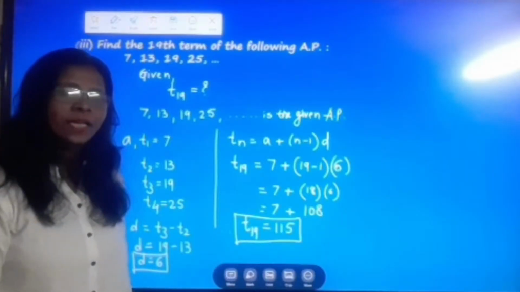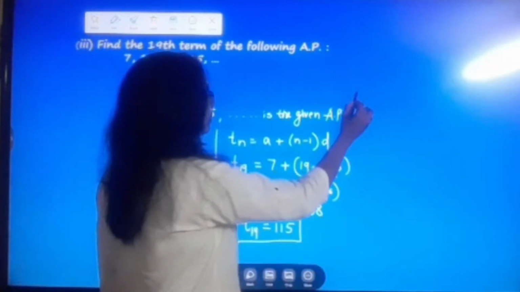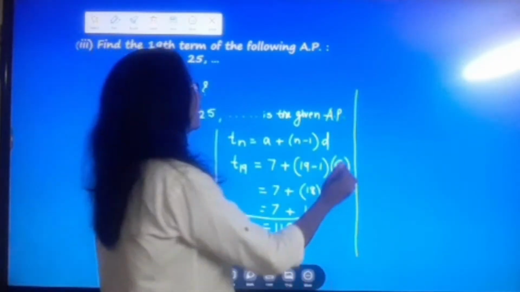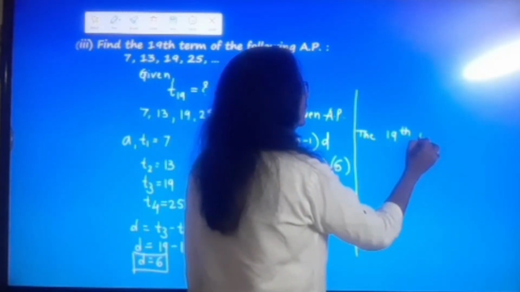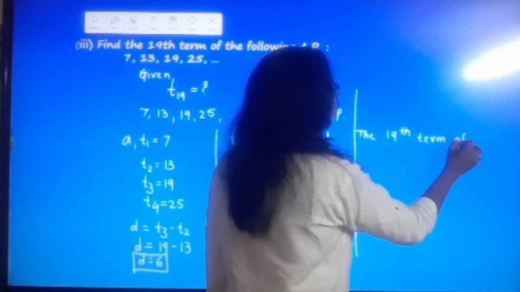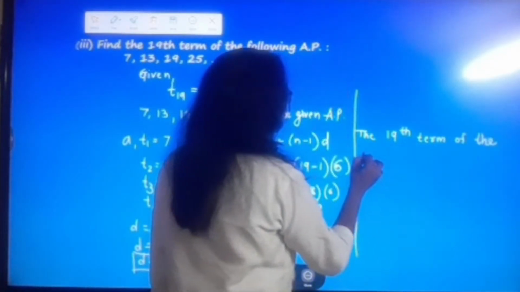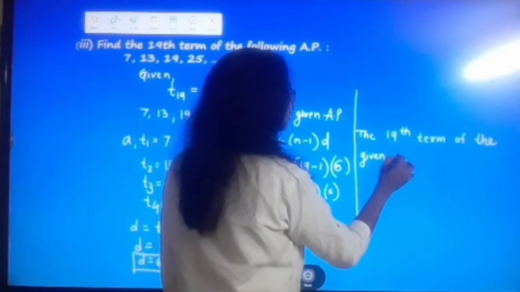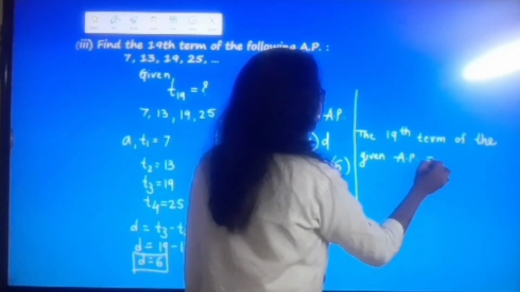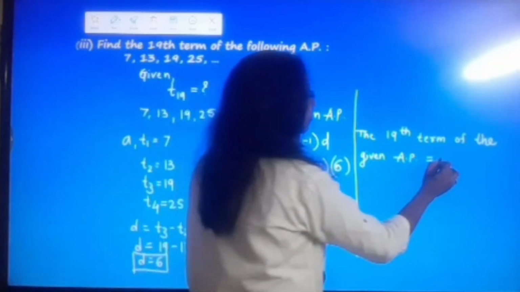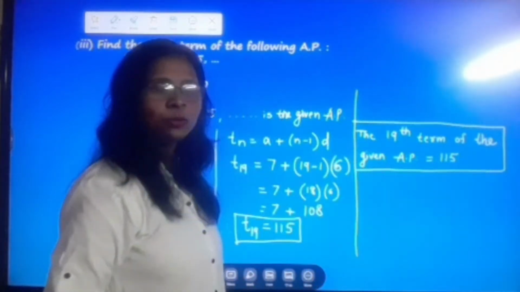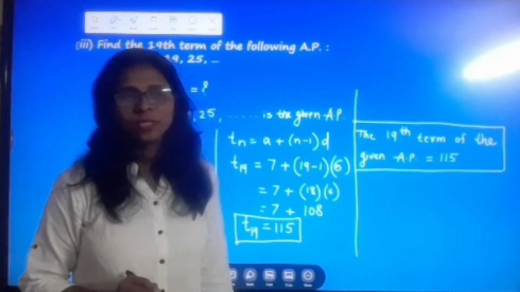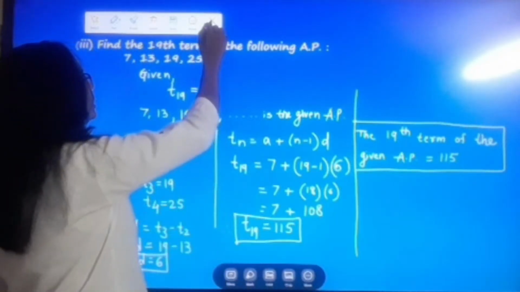So our final answer: the 98th term of the given AP is equal to 589. Okay students, so next one example, see the next example.